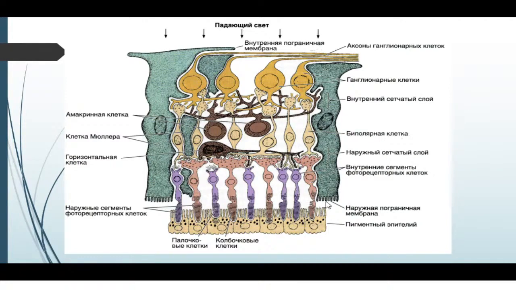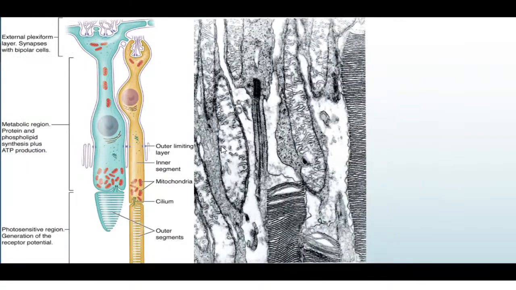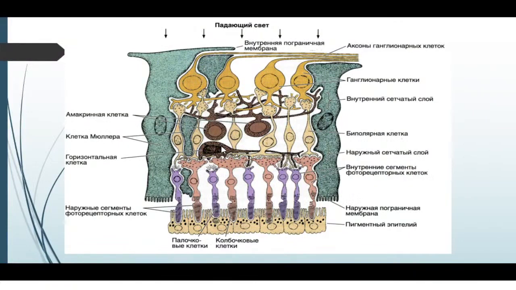We have seen the outer limiting membrane and inner limiting membrane. Also we have seen the inner nuclear layer, where horizontal cells are present, and also the nuclei of rods and cones.